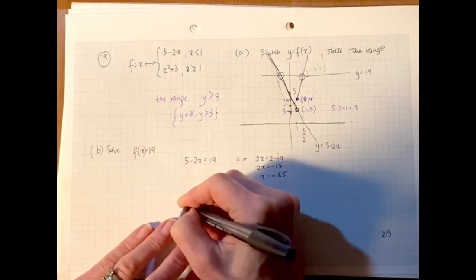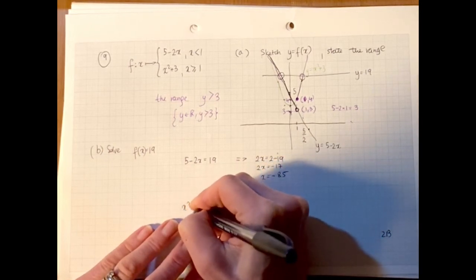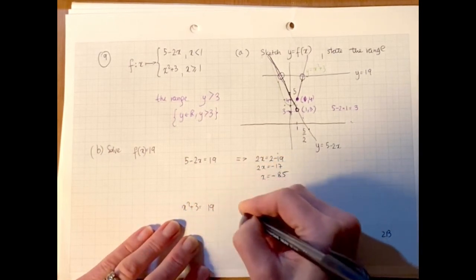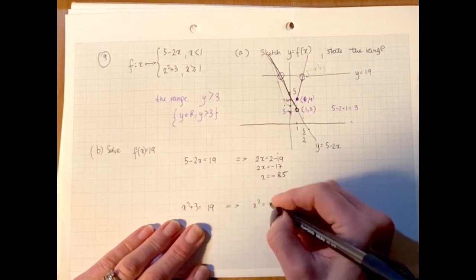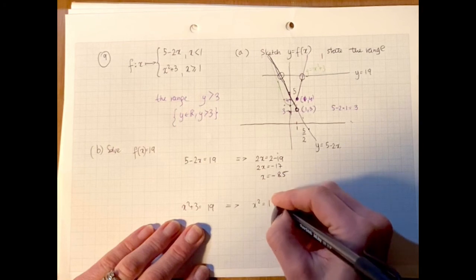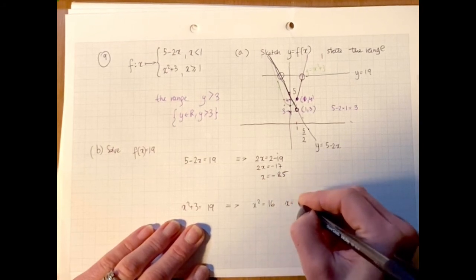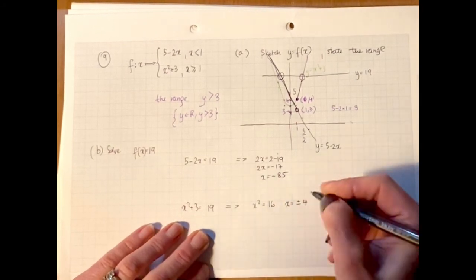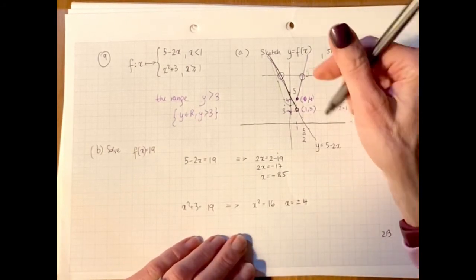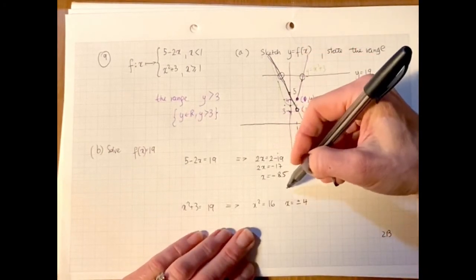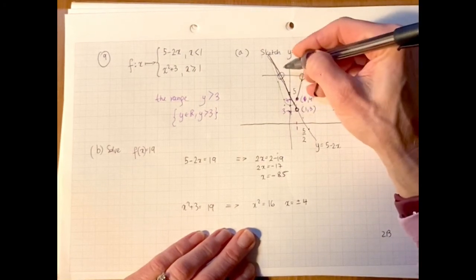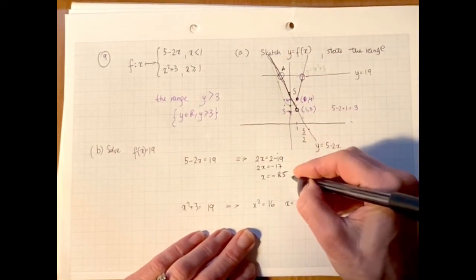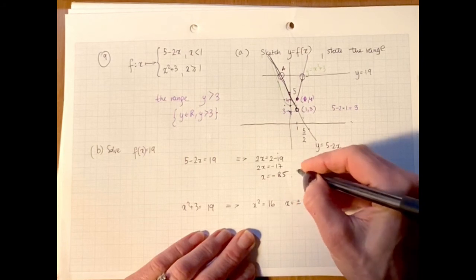And the second solution, x squared plus 3 is equal to 19, and that gives me x squared is equal to 19, take away 3 is going to be 16. So two solutions, plus or minus 4. Right, let's look at the diagram. If you look at the intersection with a straight line over here, this point A, that will correspond to minus 8.5.